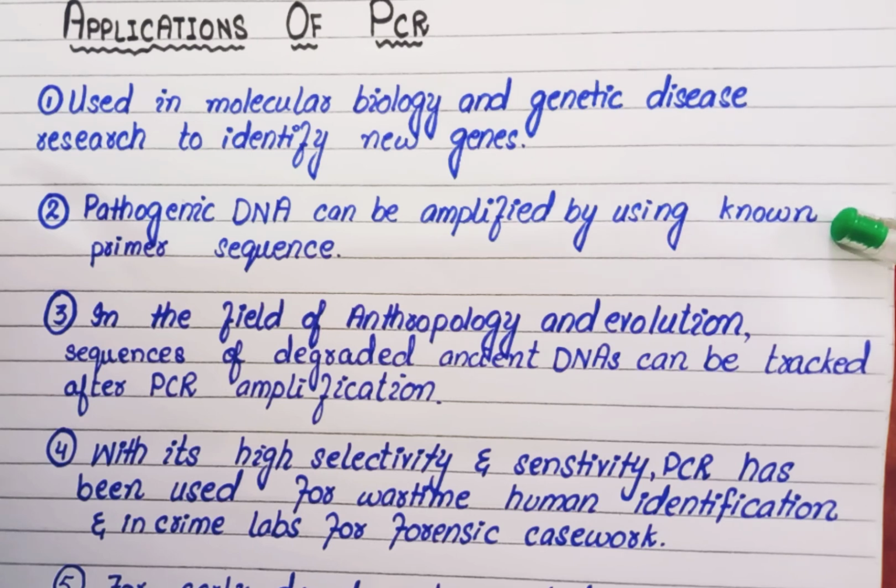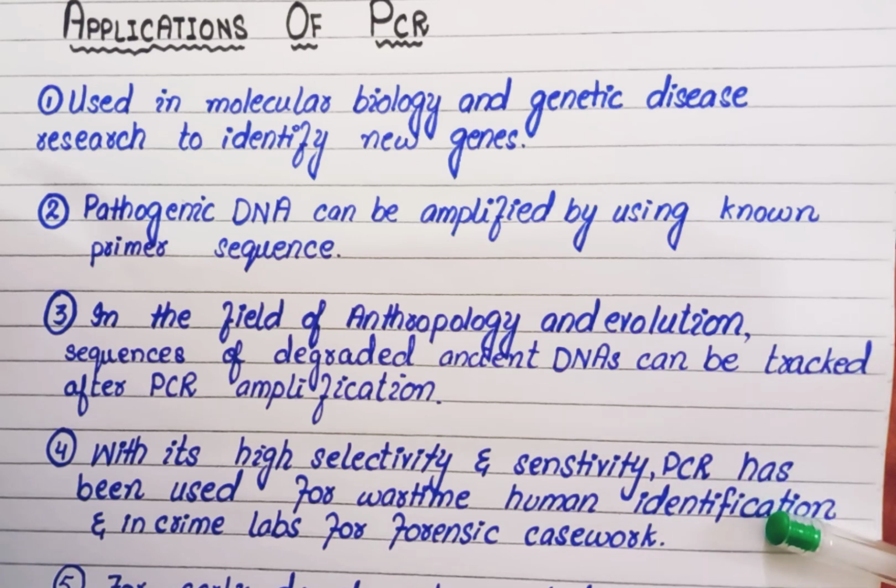Second, we have pathogenic DNA. We can also amplify this pathogenic DNA by using specific primers. Third, in the field of anthropology and evolution, the sequence of degraded ancient DNA can be tracked after PCR amplification.